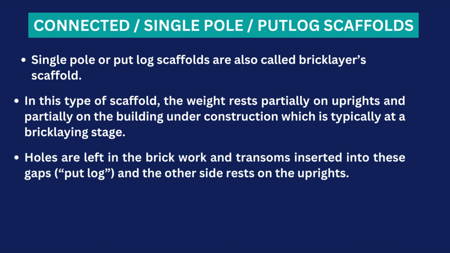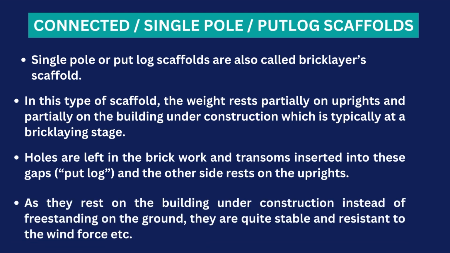Holes are left in the brickwork and transoms inserted into these gaps, the putlogs, and the other side rests on the uprights. As they rest on the building under construction instead of freestanding on the ground, they are quite stable and resistant to the wind forces, etc.